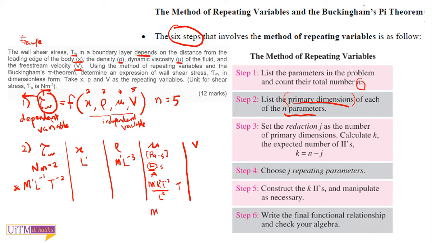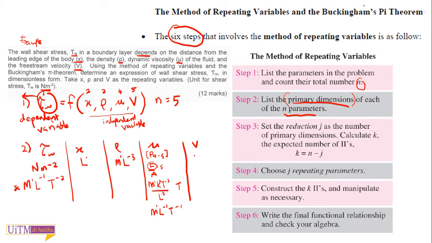So M1 L minus 1 T minus 1, minus 2 plus 1, so we will have M1 L minus 1 T minus 1 for mu, for dynamic viscosity, because we know the viscosity is Pascal times second, pressure times the time. And velocity, this is quite common, is length over time.